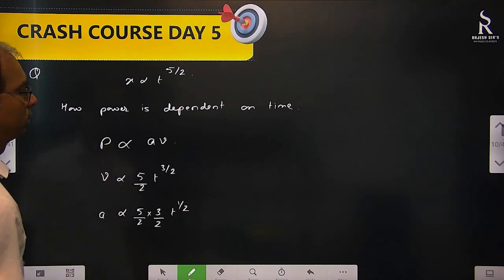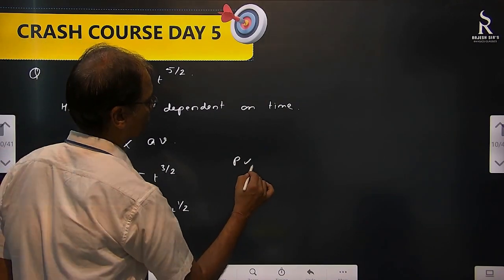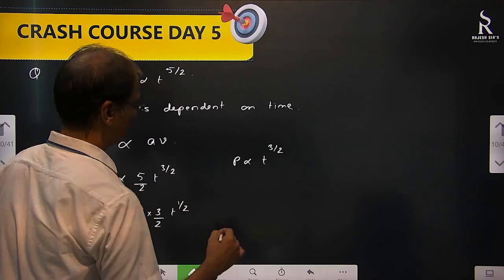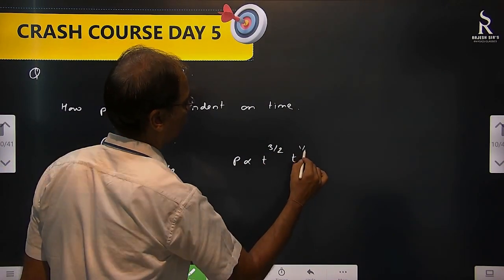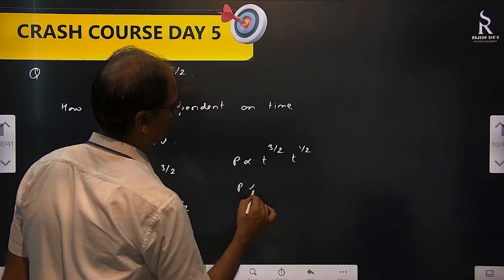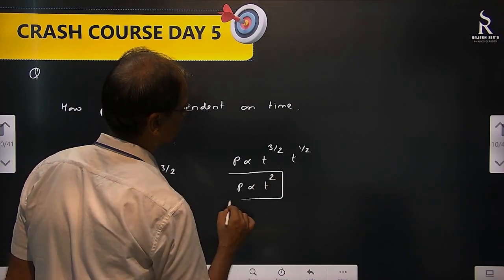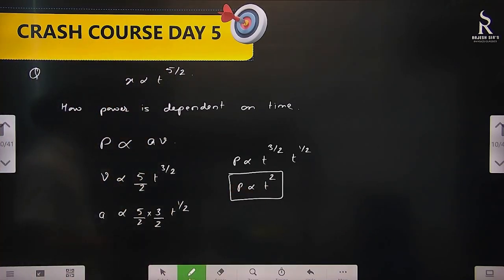Put it here. So velocity is proportional to t to the power 3 by 2 and acceleration is proportional to t to the power half. So P is proportional to t to the power 2. Is it clear?